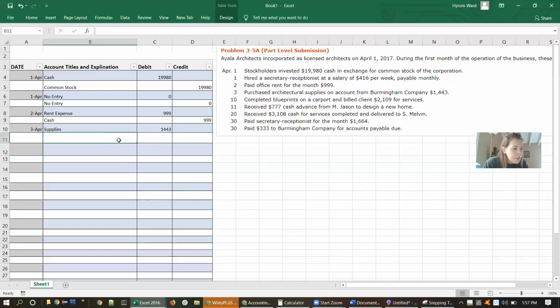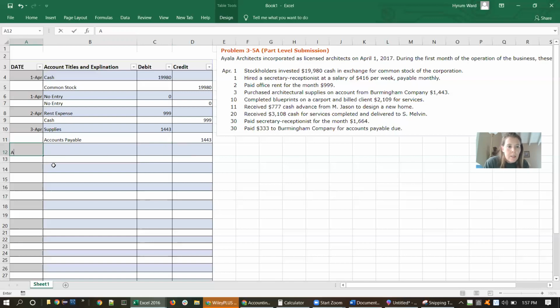And that's going to affect our accounts payable, not our cash, because we purchased them on an account, which means we'll owe Birmingham Company for our supplies. So it's going to bring our accounts payable up. It's going to credit accounts payable that same amount so that we can balance.